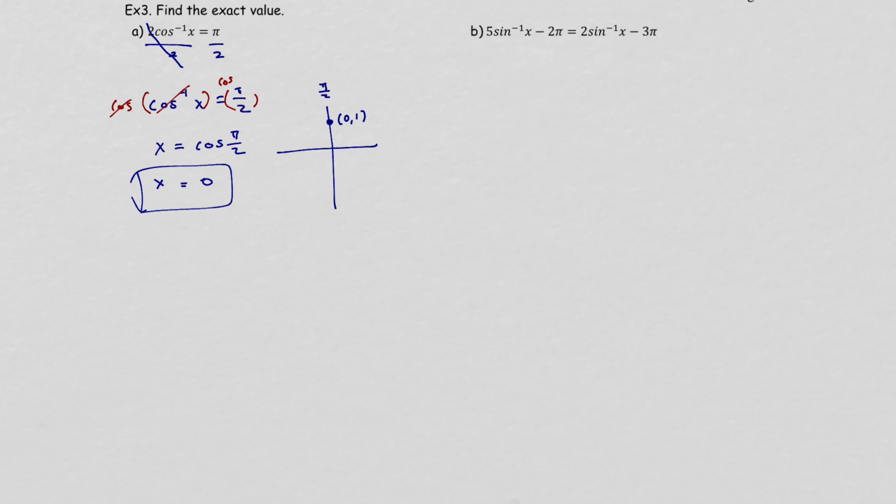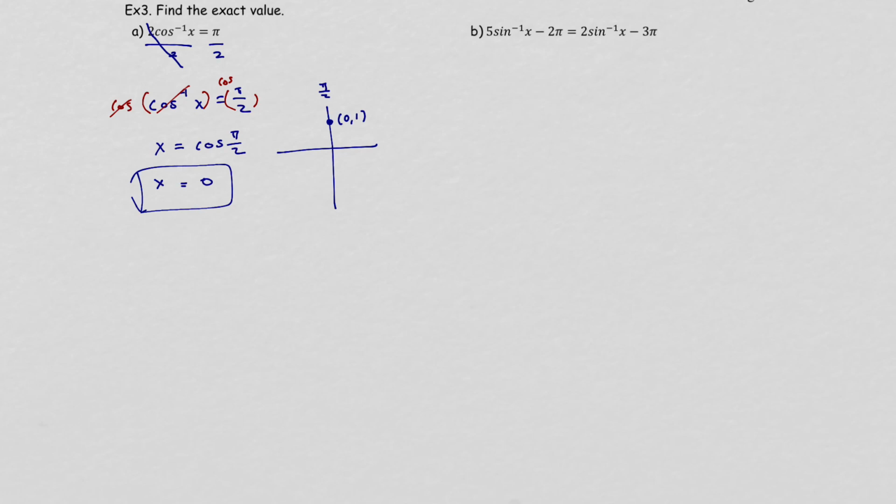What about this one? The second one, it's longer. So what I like to do is put it all together, the terms with the sine inverse. I want to put the like terms together. In order to do that, let's move around the like terms.